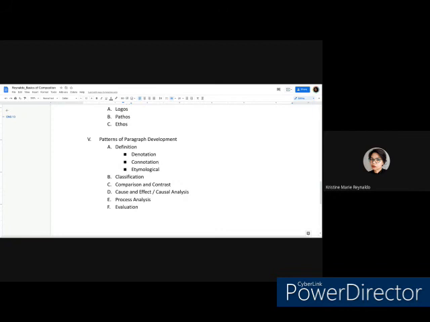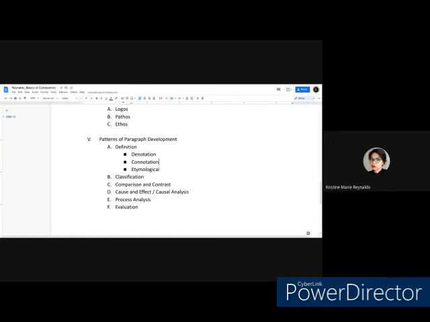Love, because of the heart thing. Blood, pain. So all of these things are connotations of the word red that exceed its denotation or its technical or dictionary definition. So that's another way that you can define something.